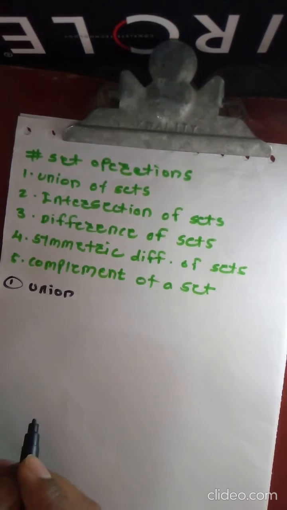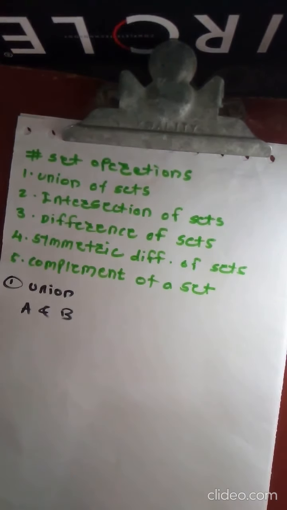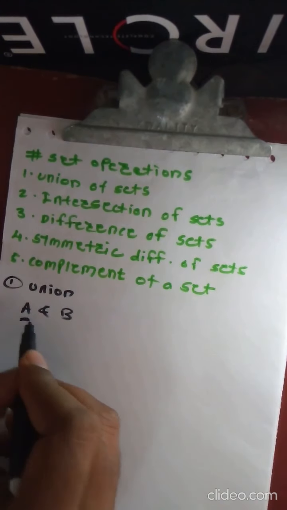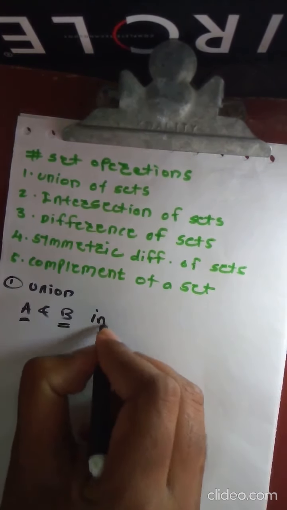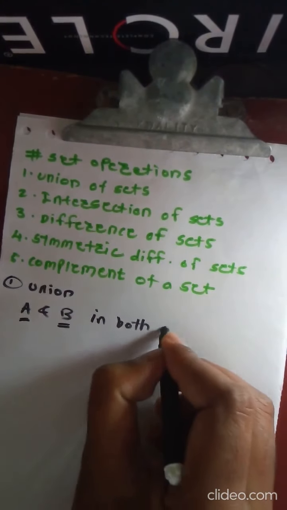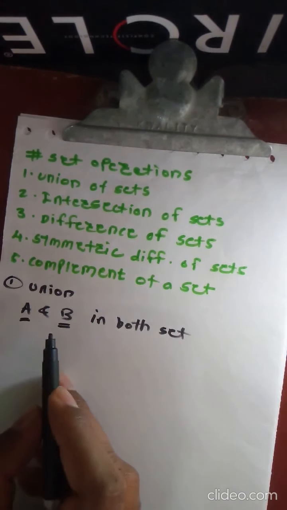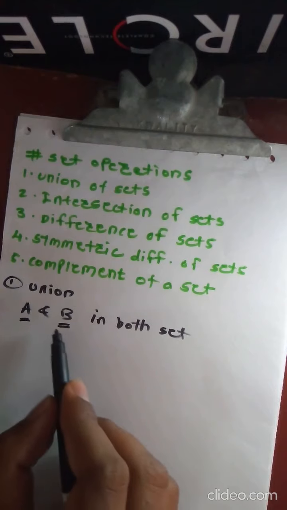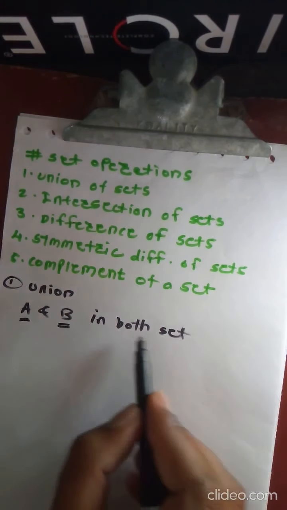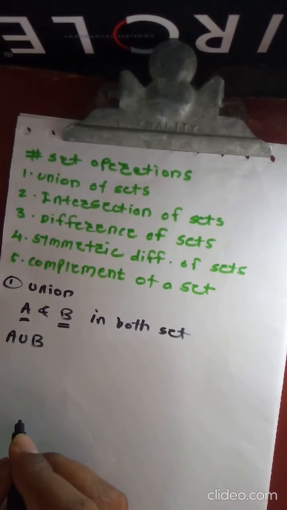Let's say the union of two sets, that is A and B, is the set of all those elements which are either in A or in B or in both sets, right? It is denoted by A union B, right?